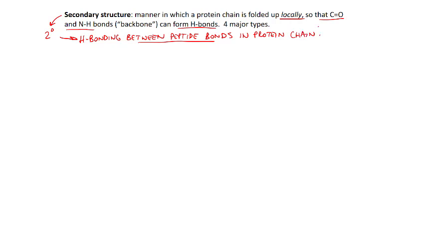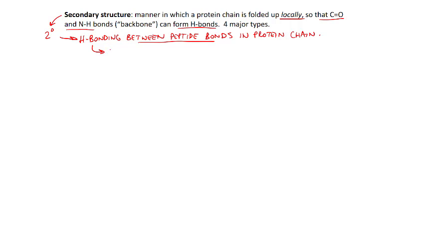So we said on the previous slide that the optimum structure is the one that maximizes peptide hydrogen bonding. Well, secondary structure is the different ways in which the peptide chain can do this.